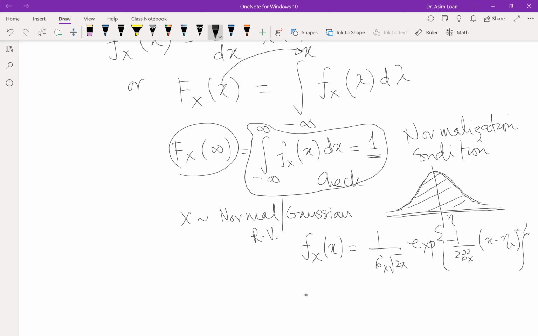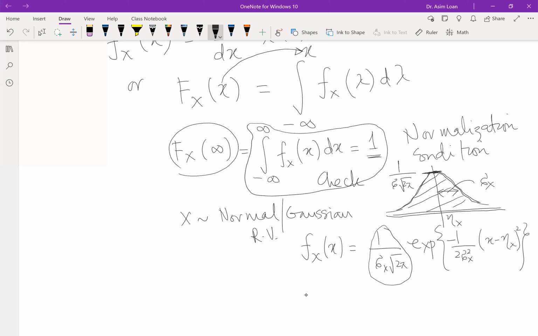This is centered around eta x. This spread is sigma x, and we'll see what these numbers are. And this 1 over sigma root 2 pi is the normalization condition. If this is not there, this function is not going to integrate to 1.